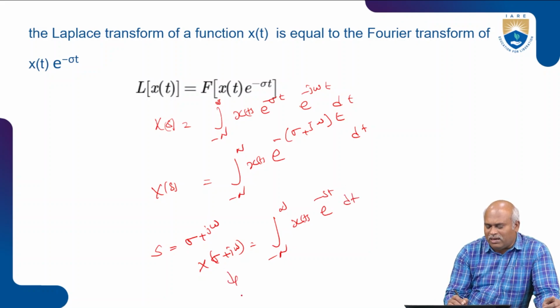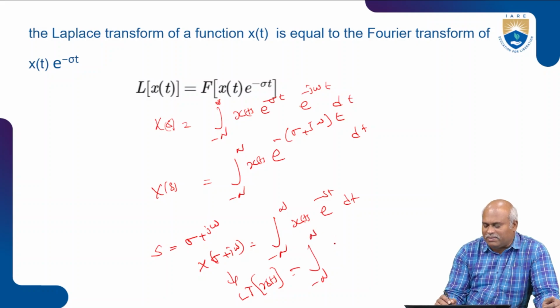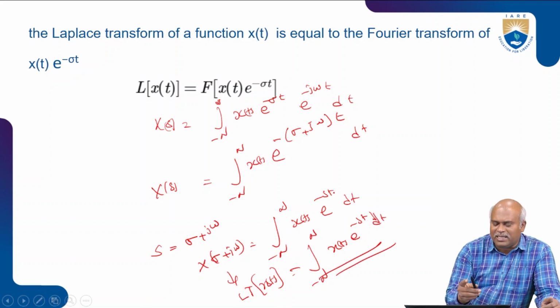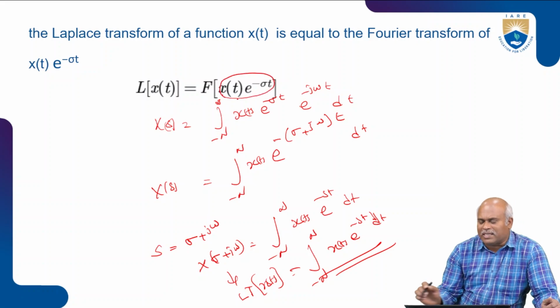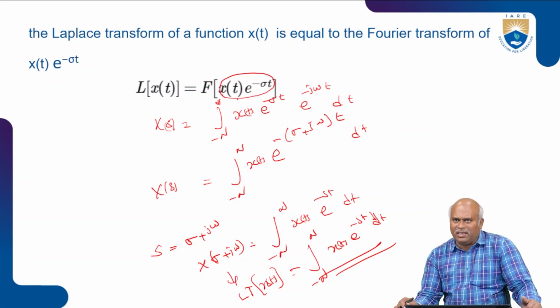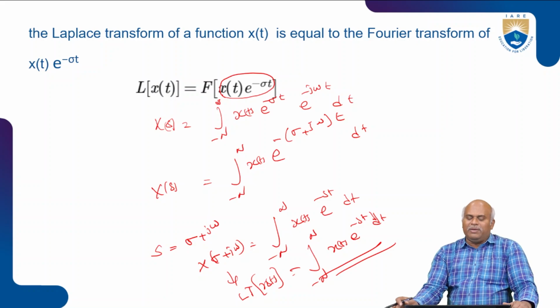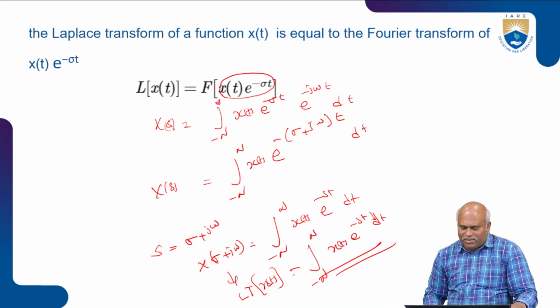This value we call the Laplace transform of x(t), represented as the integration from minus infinity to plus infinity of x(t) e^(-st) dt. Based on this condition, the value of x(t) is represented as x(t) e^(-sigma t).